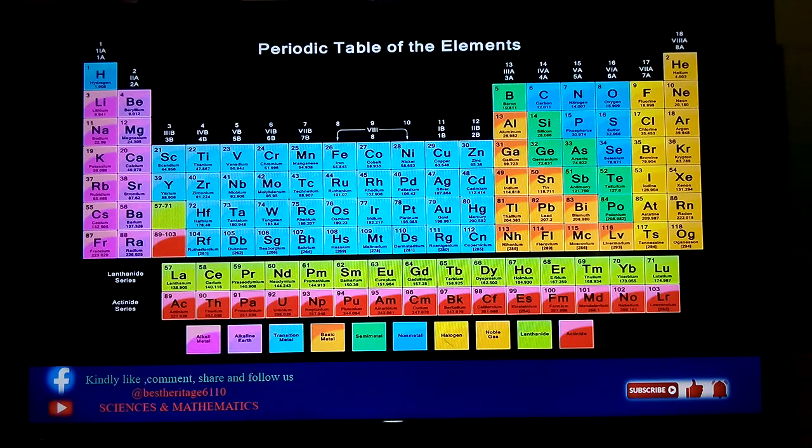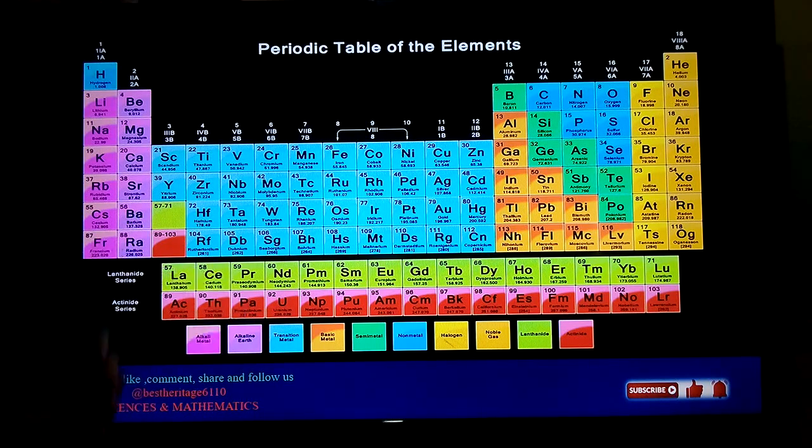And of course, from their input in this display of the periodic table, this is going to cater also for the physical and chemical properties that we're going to see being displayed.